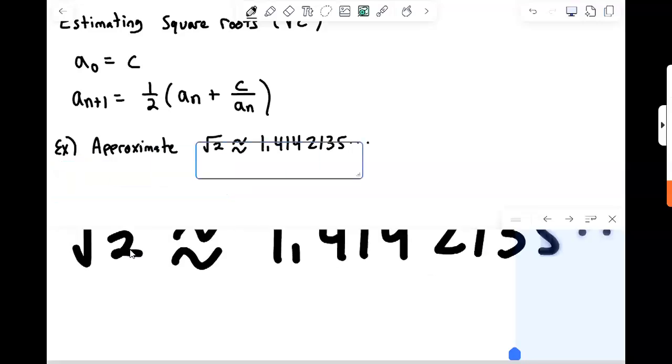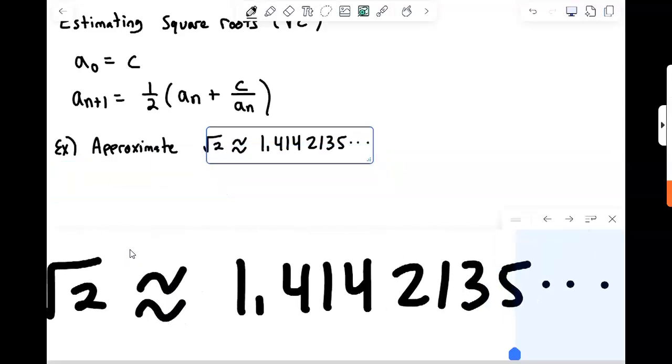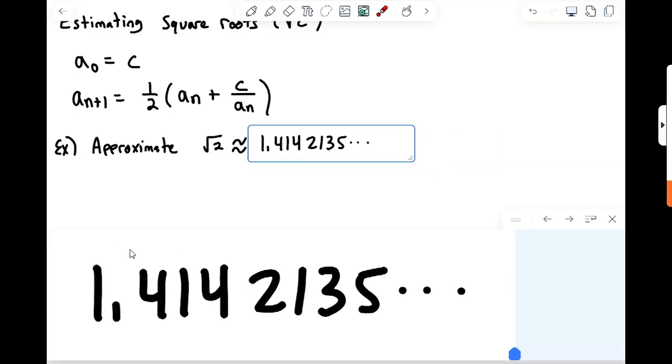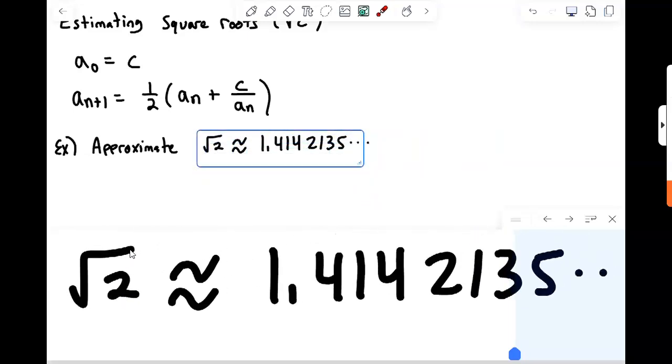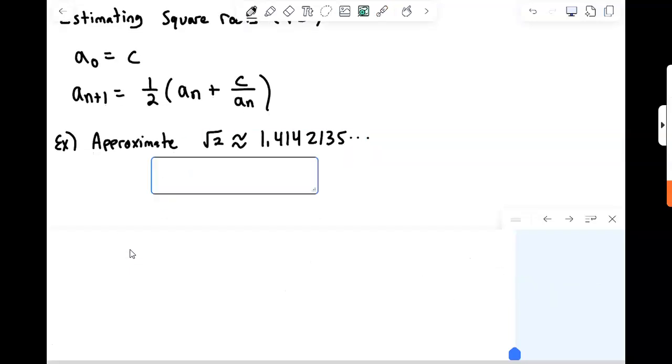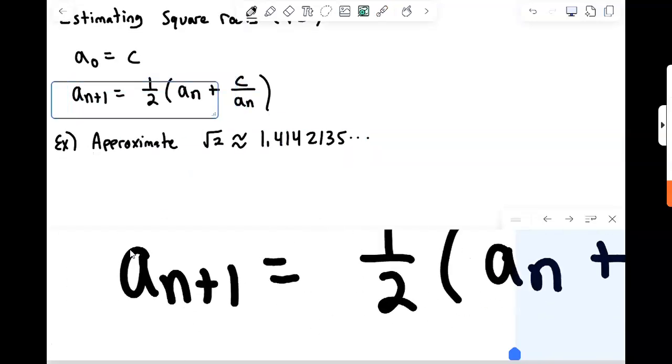If you've ever looked up the algorithm for computing the square root of a number, to get this answer would take that algorithm 2, 3, 7 steps to get those digits. That would take quite a while with that square root process. But here we're going to use this recurrence relation.